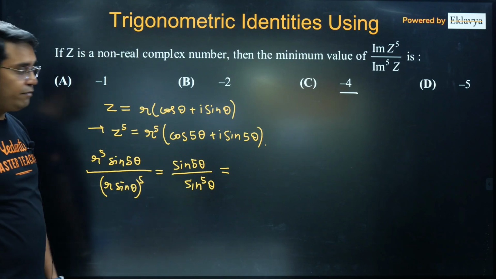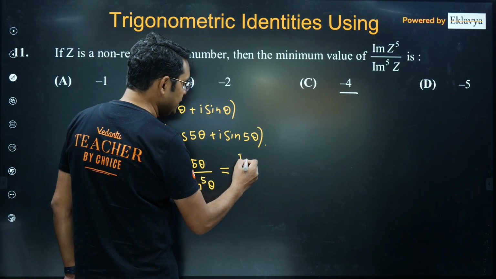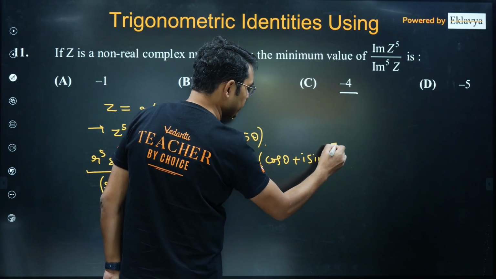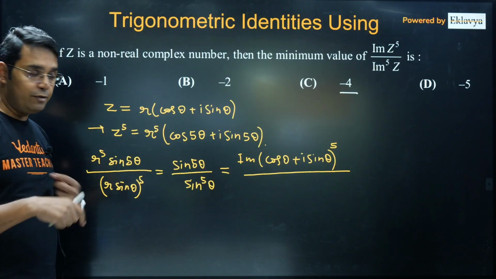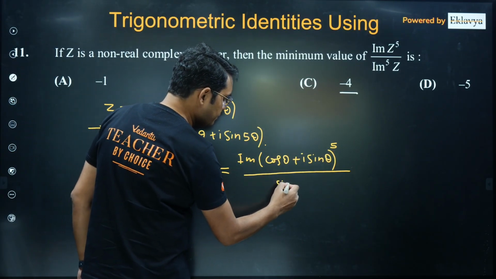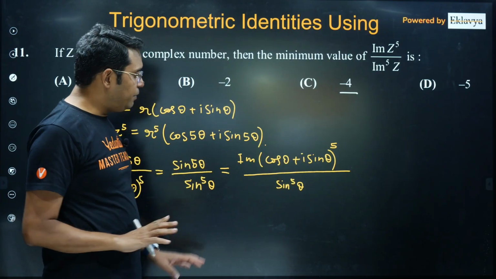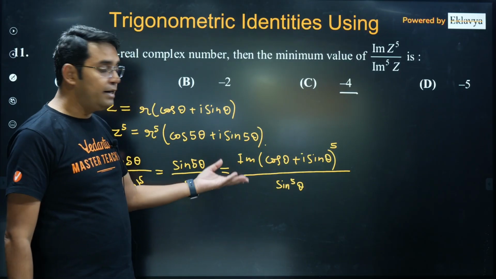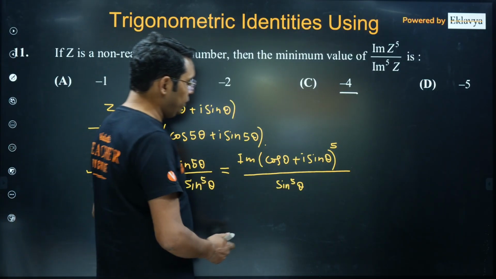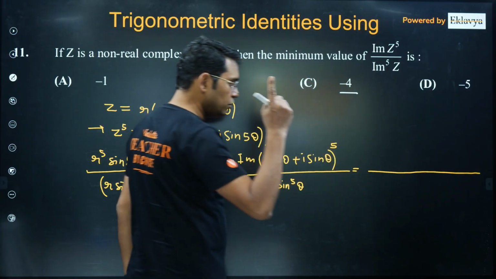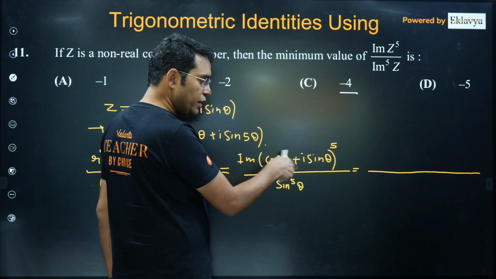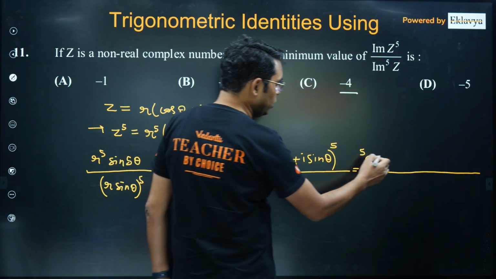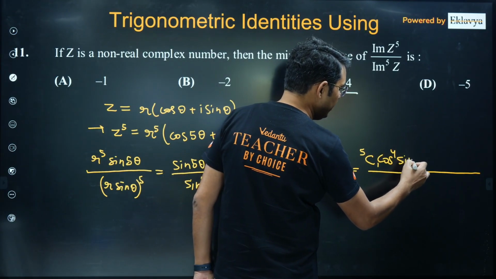Okay, now what is sin 5 theta? If you remember, it will be the imaginary part of cos theta plus iota sin theta whole power 5. The same method I explained in my very first slide, upon sin power 5 theta. Okay, you may not remember the result for sin of 5 theta, but I think this is not difficult. I think you can definitely remember how it is coming. So then you just have to focus on the imaginary part. So the first term of the expansion with imaginary part would be 5c1, where cos power will be 4 and sin power will be 1.